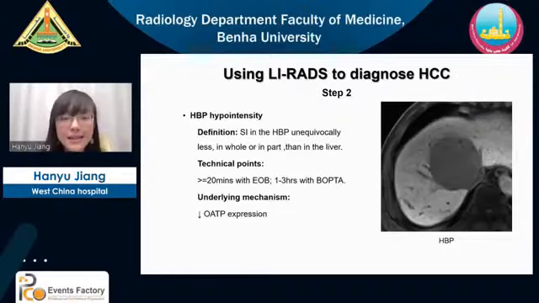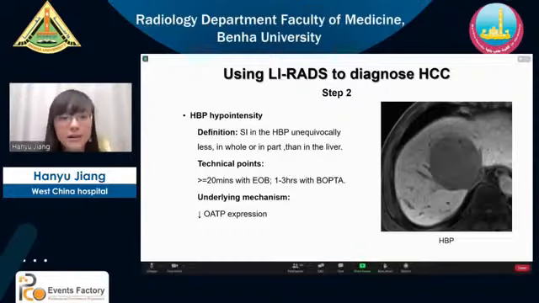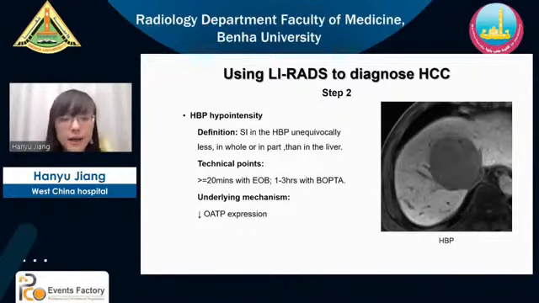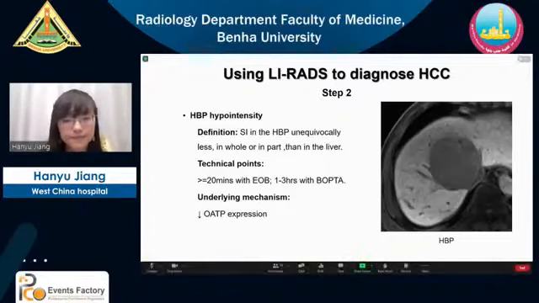The underlying mechanism of this imaging feature, as we have talked about earlier, is the reduction in OATP transporter expression during hepatocarcinogenesis.